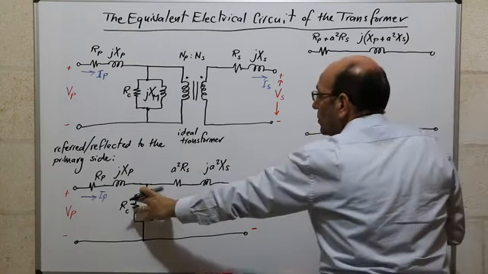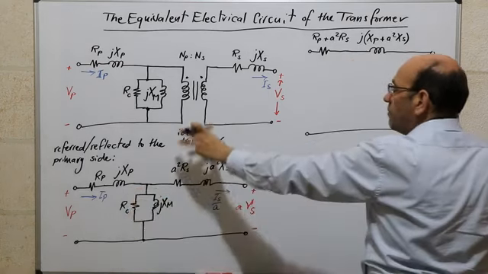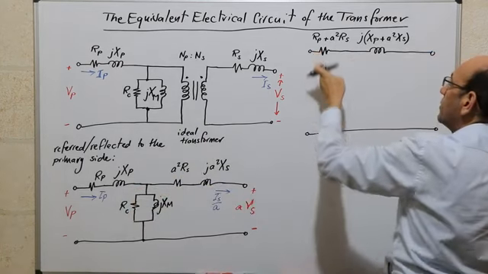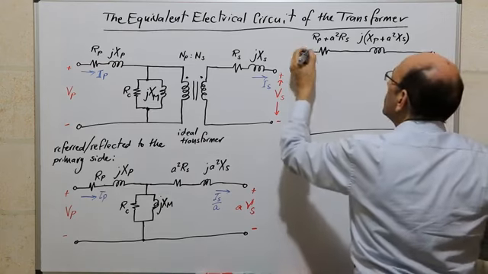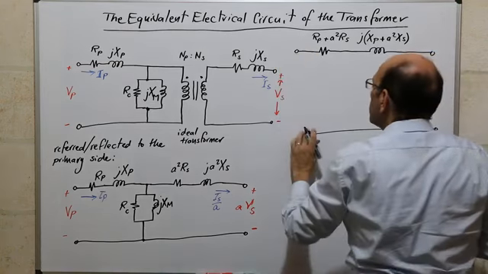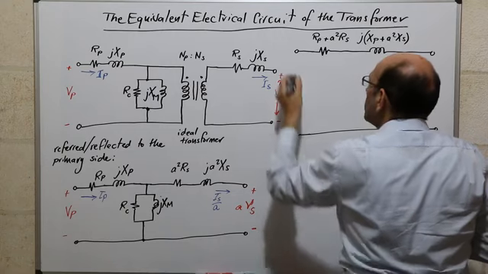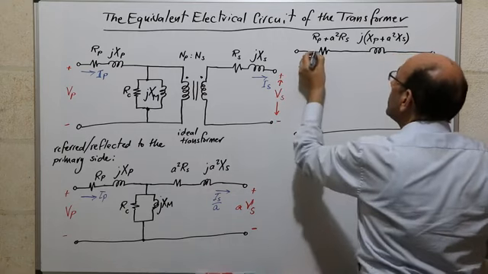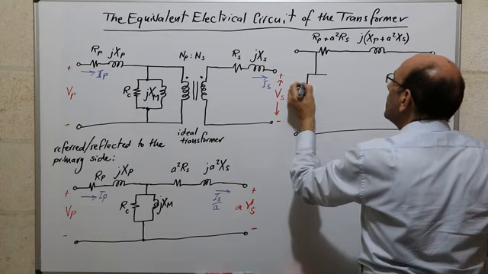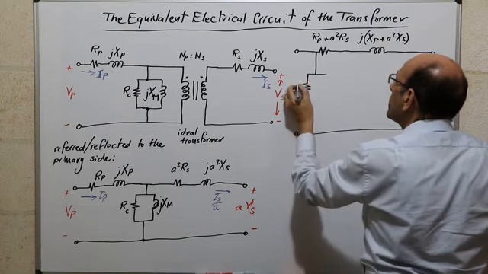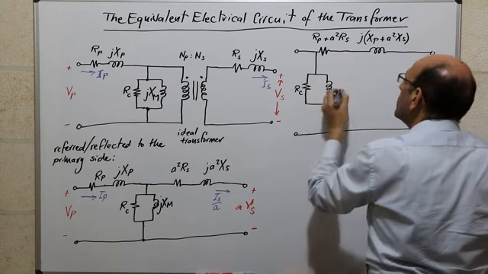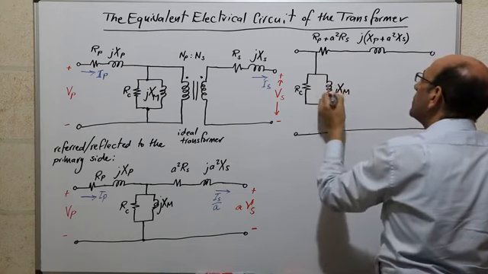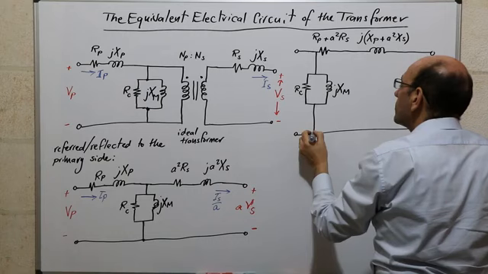And then we need to do something with this. So the simplification involves either moving it to this side or moving it to this side. In this case, I have opted to move it to this side, on the primary side. So we would have here R subscript capital C and XM times j.